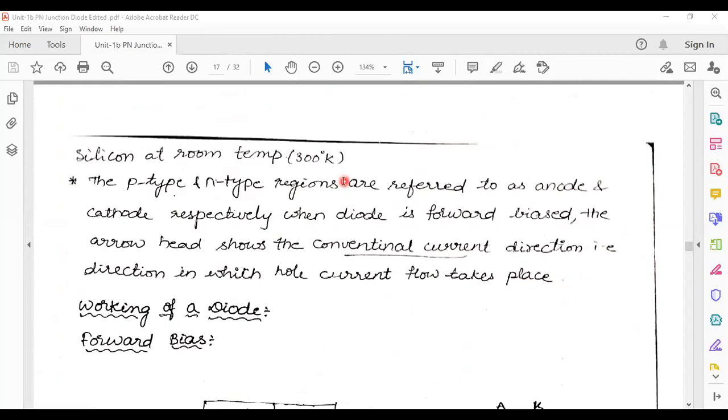Room temperature is 273 plus 27, which gives 300 degrees Kelvin.